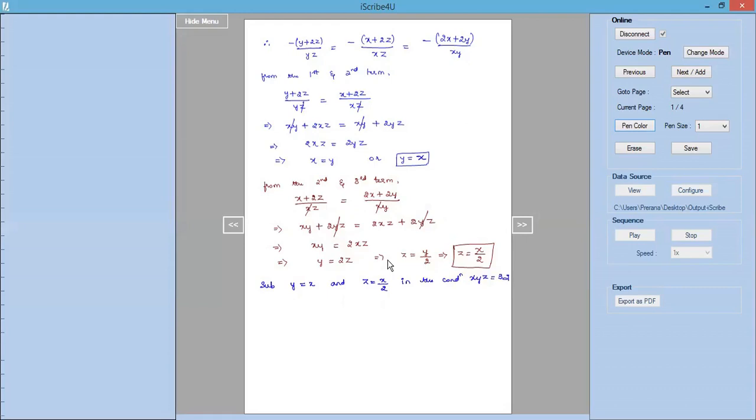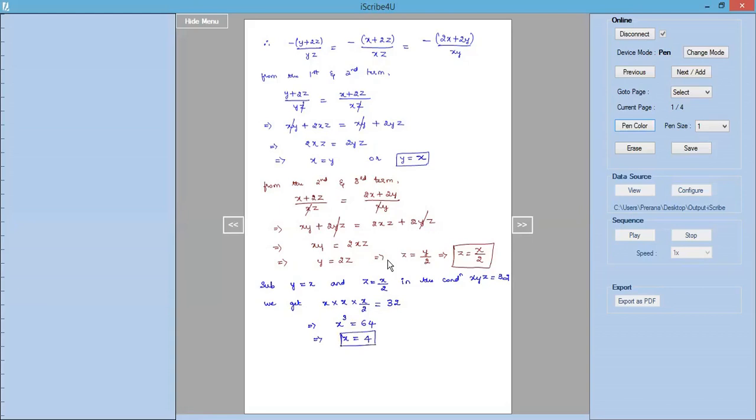So we get x into y, which is nothing but x itself, into z, which is x by 2, is equal to 32. So cross multiplying 2 to the other side, x cube is equal to 64. Neglecting the complex roots, we obtain the real root from this as x is equal to 4. 4 fours are 16, 16 fours are 64.